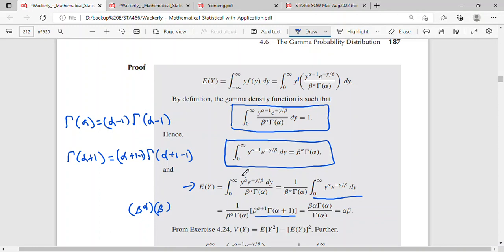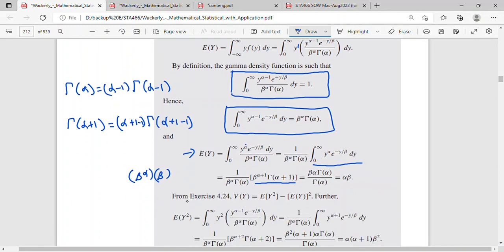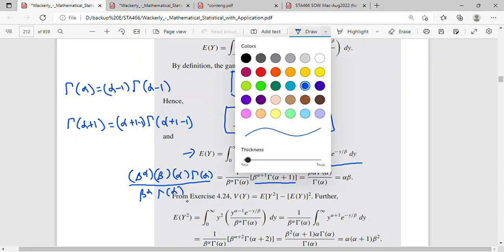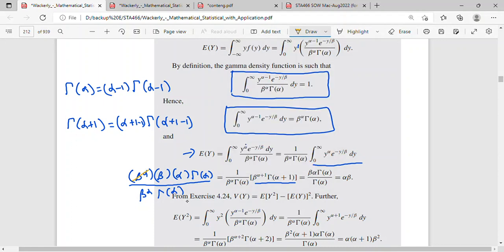So because of that, below here it will become multiply with alpha multiply with gamma alpha divide with beta alpha gamma alpha. So this part can be eliminated. Okay, this part can be eliminated.